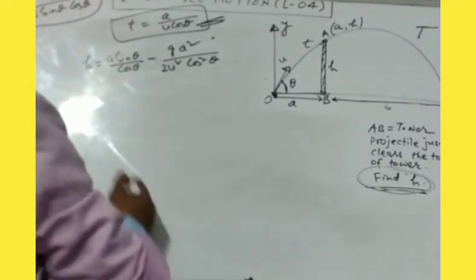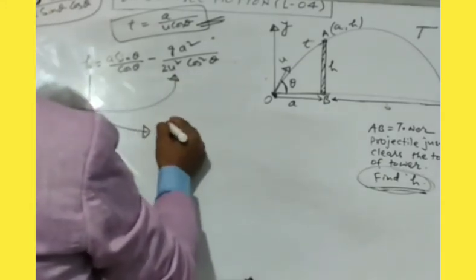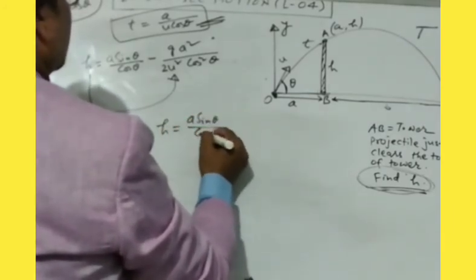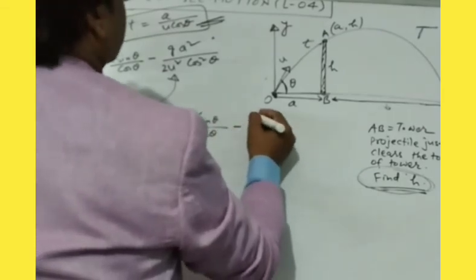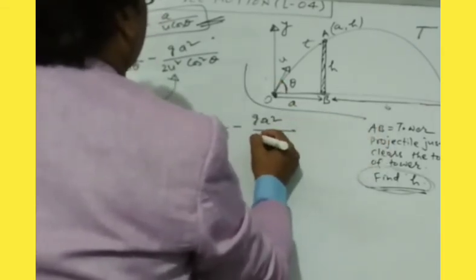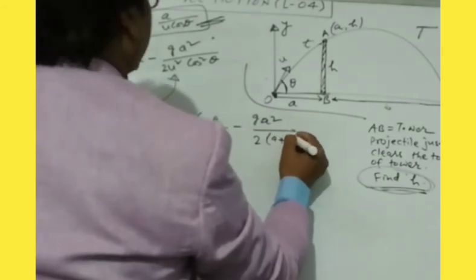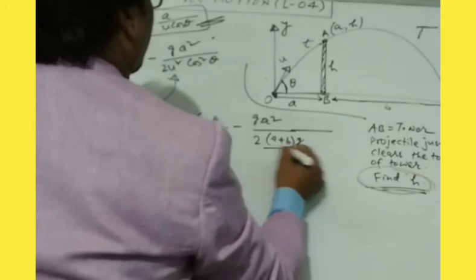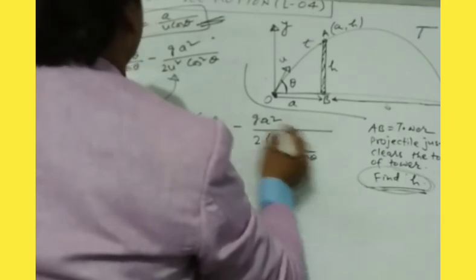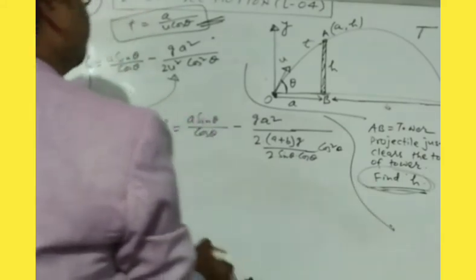So you can write this value of u square here. Finally h equal to a sin theta upon cos theta minus g a square upon 2 times u square, meaning a plus b into g upon 2 times sin theta into cos theta, and one cos square also here, cos square theta. Okay dear.